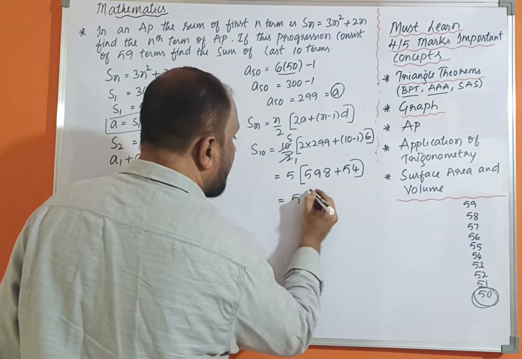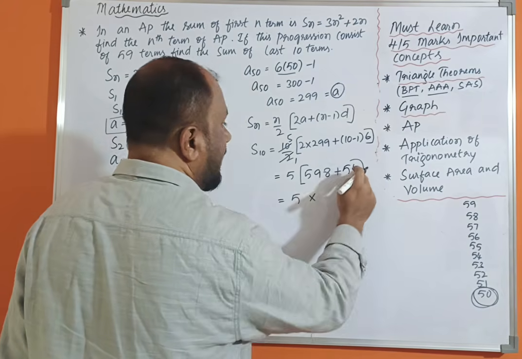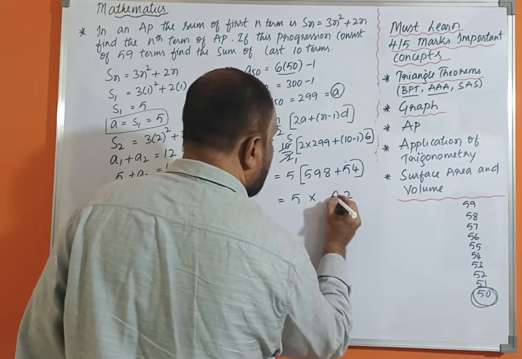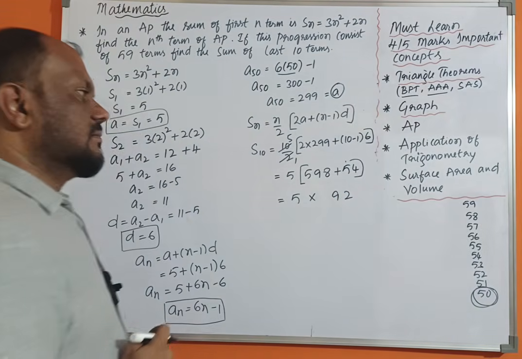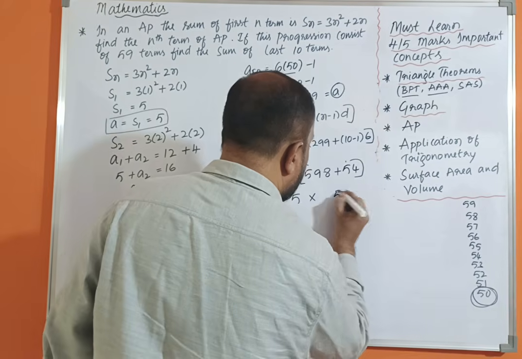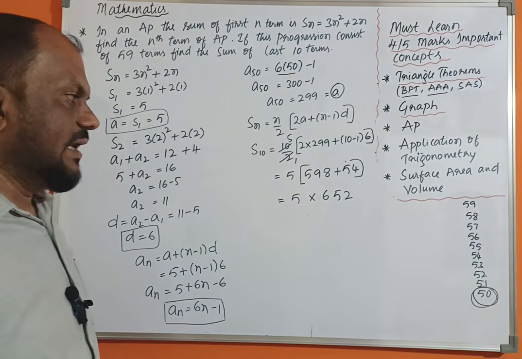Now 598 plus 54: 8 plus 4, 12, carry 1. 9 plus 5 plus 1 is 15, carry 1. 5 plus 1 is 6. So 652.